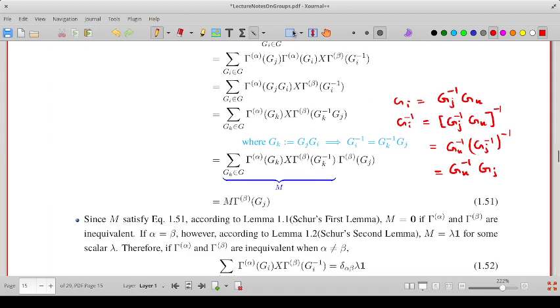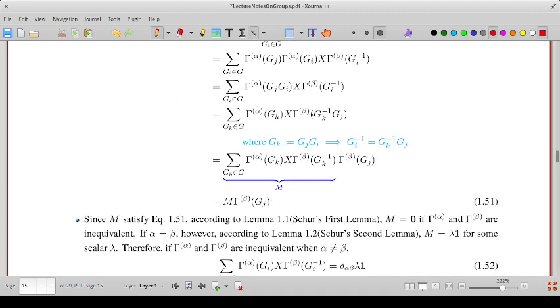But gamma beta is also a representation, which means that gamma beta of Gk inverse Gj is equal to gamma beta of Gk inverse times gamma beta of Gj.